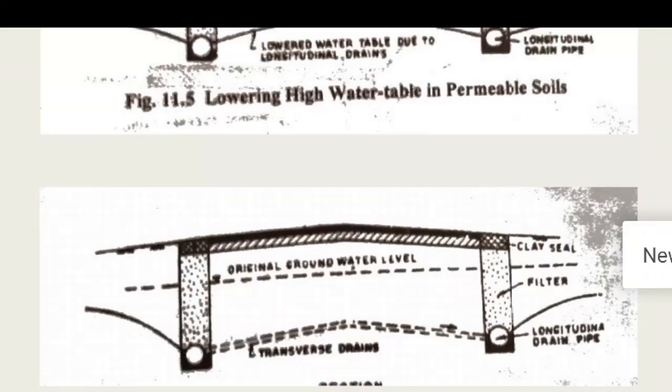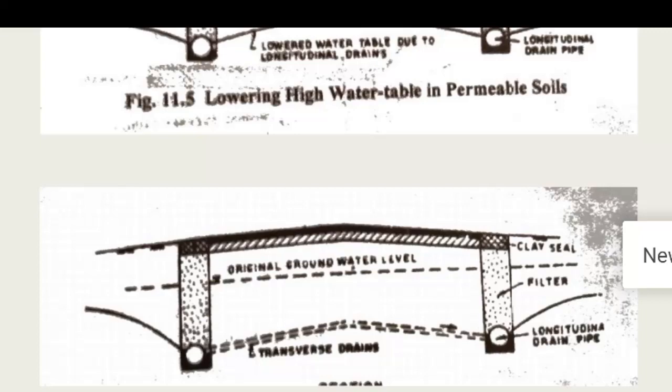If the soil is relatively less permeable, the lowering of groundwater level may not be adequate under the center of pavement or in between the two longitudinal drain trenches.